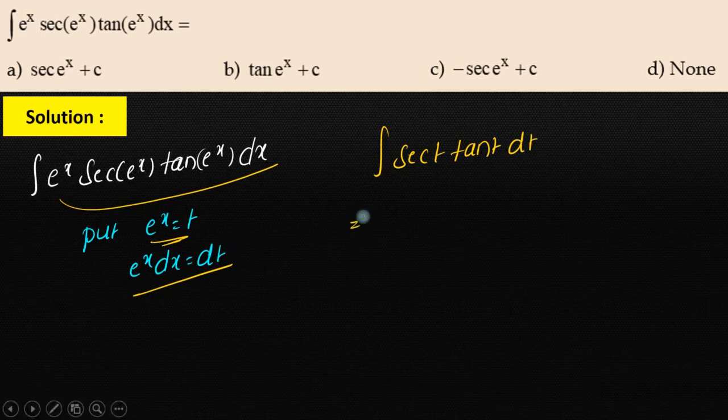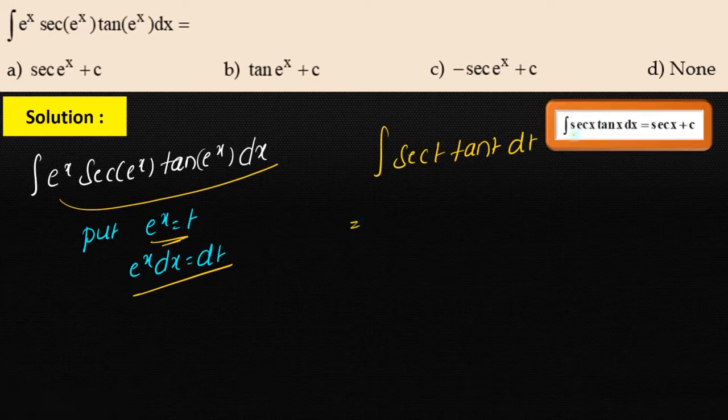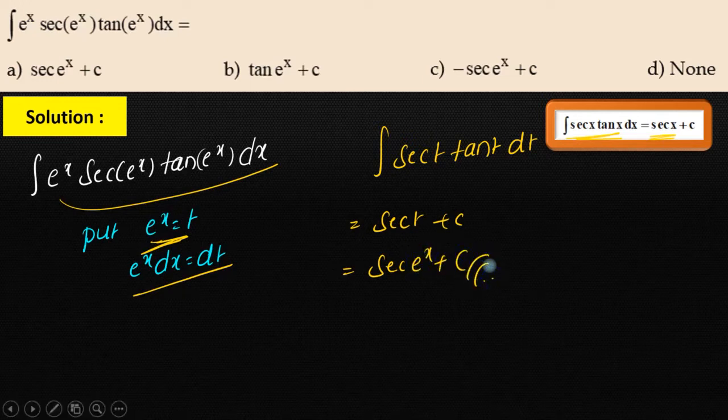This equals to, we know that integration of secant x tan x is equals to secant x. So here secant t plus c. This equals to secant, here t is equals to e power x plus c. Therefore the answer is option A.